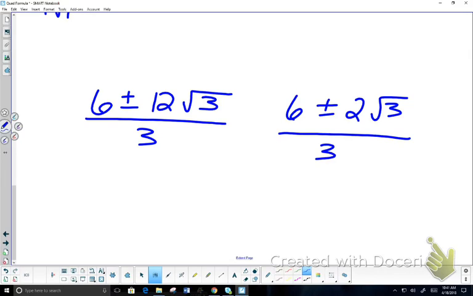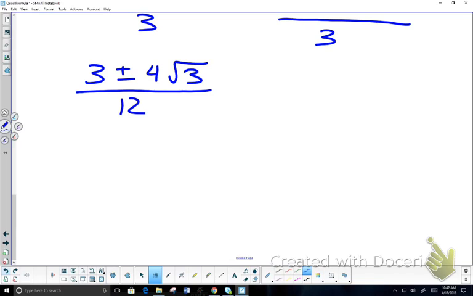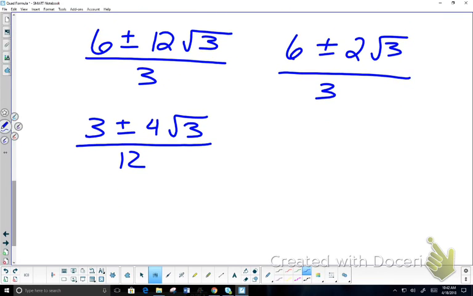What about this scenario? So this one we decided was 2 plus or minus 4 square root of 3.